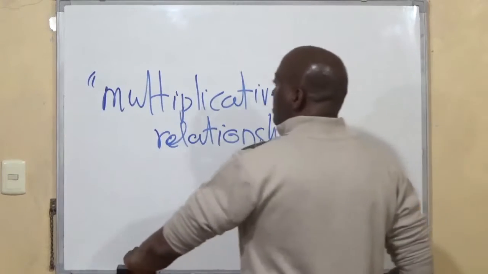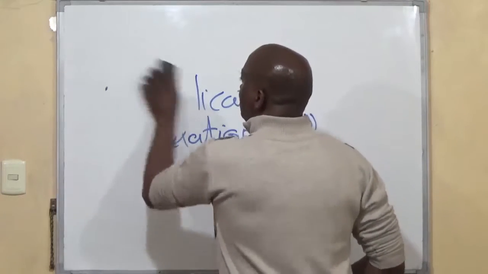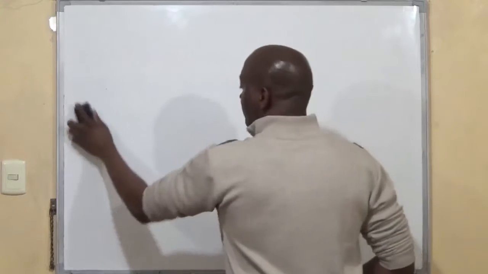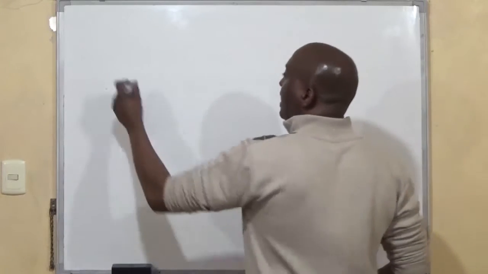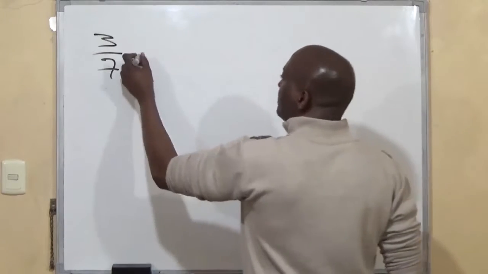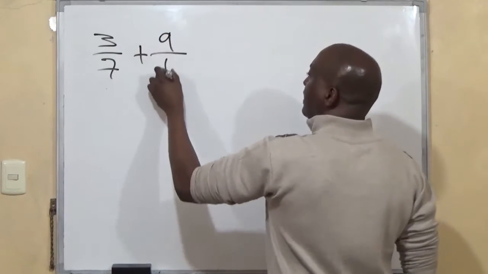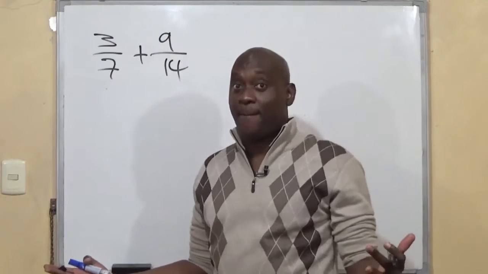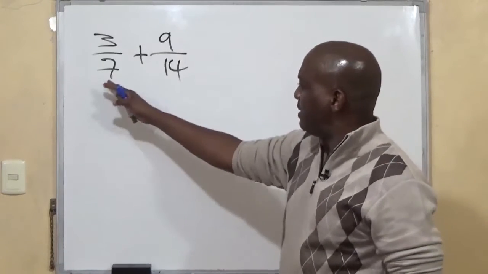Let us illustrate it. So let me go back to the 3 over 7 that we had started with in the last video. So let us say that you have to add 3 over 7 plus 9 over 14. 7 and 14.